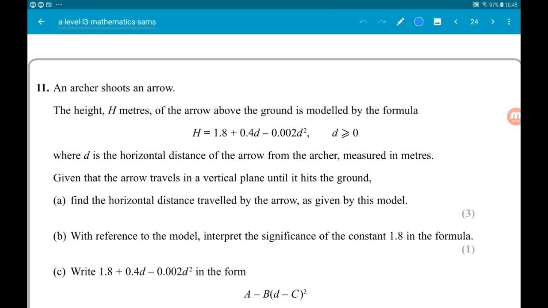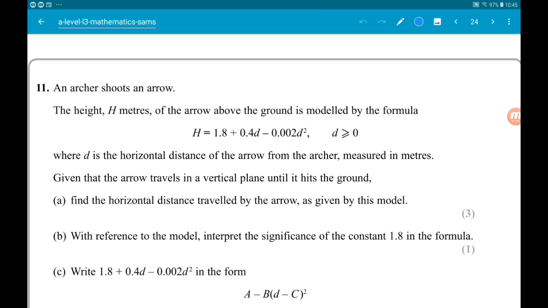Given that the arrow travels in a vertical plane until it hits the ground, part A says to find the horizontal distance travelled by the arrow as given by this model. Okay, so that means then we want to find the value of d when h is equal to 0, because we want it to hit the ground.